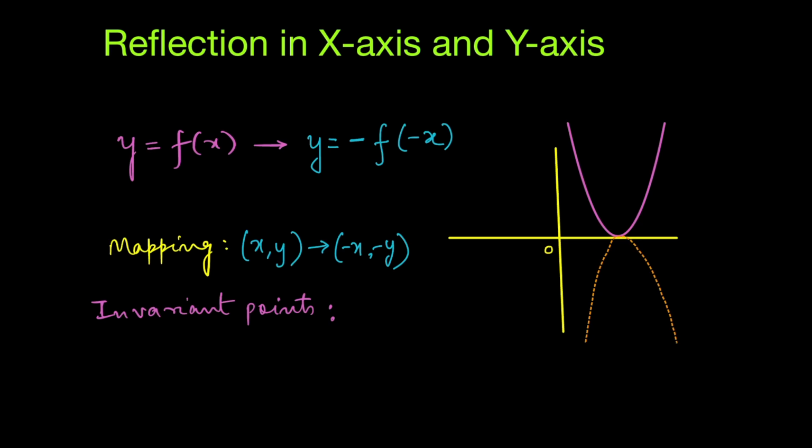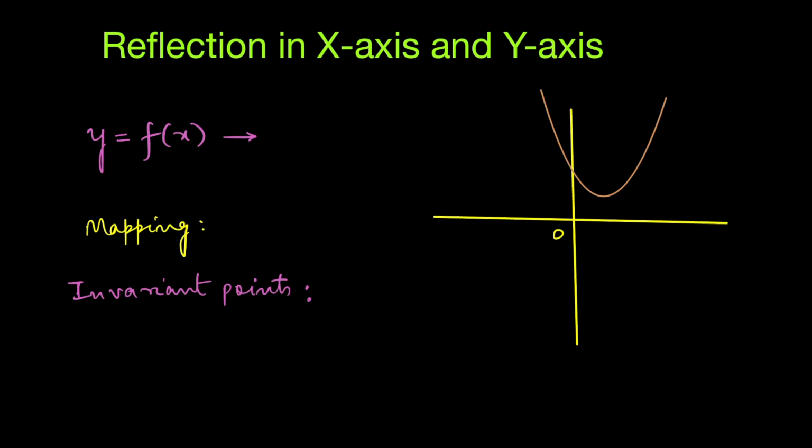And now if we reflect it in the y-axis, it will be here. So this will be the final graph, which will be y is equal to negative f of negative x. And since the original graph is not passing through origin, that means there will be no invariant points.